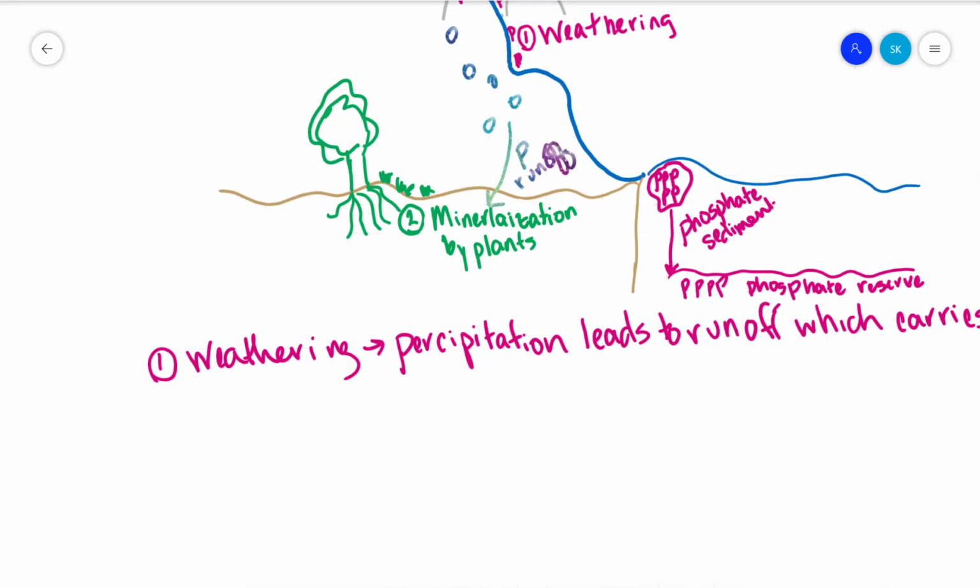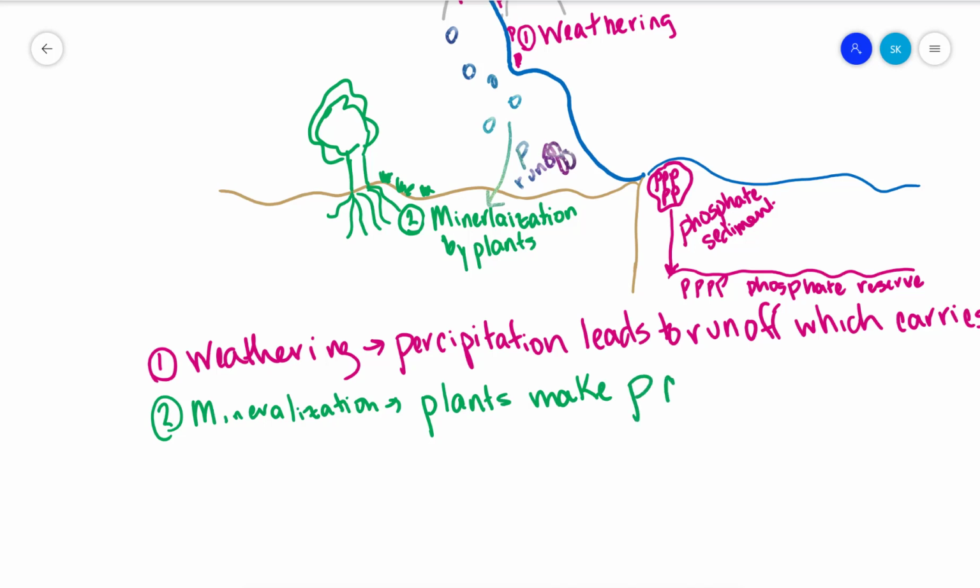So I'm just going to move over here. Number 2, mineralization. So plants, this is my very basic, plants make phosphorus from runoff usable. All right, easy enough.